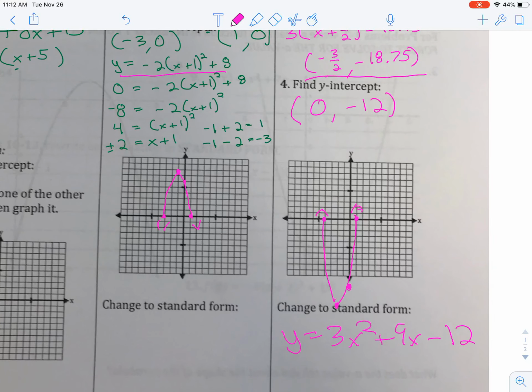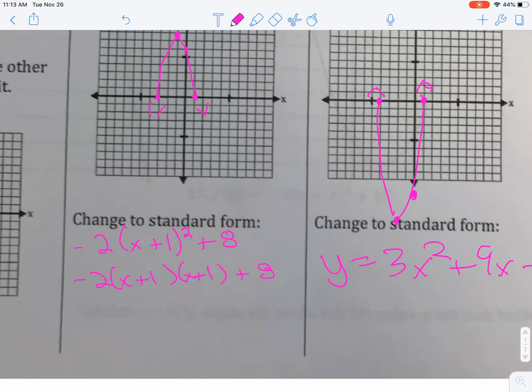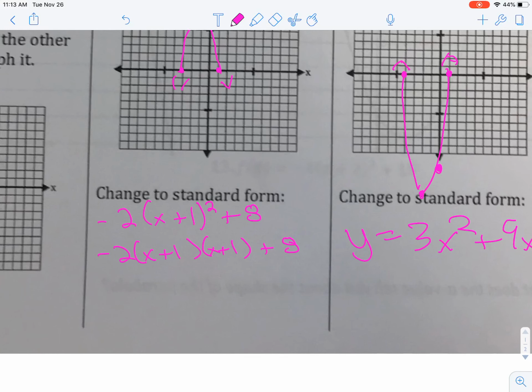So I may not have time to do it, but if you write down the vertex form and you FOIL that, we can do it. So okay, I'll do it with you.